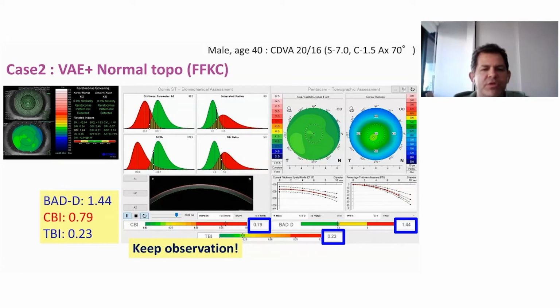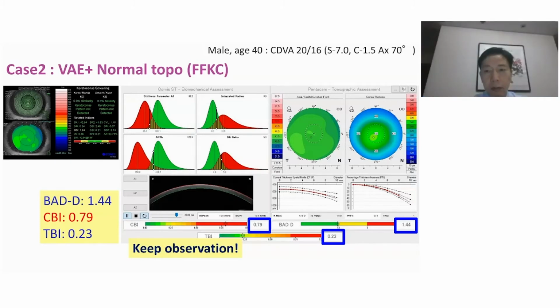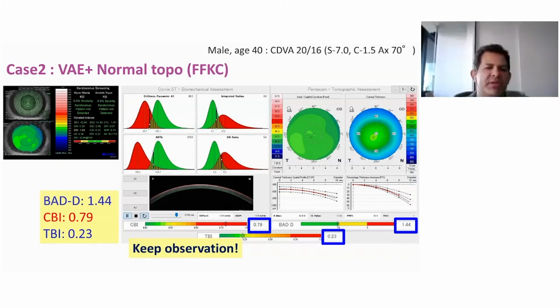This is a picture of a patient that does need observation, but at 40 years old, I think the patient will be fine. You start from a weak cornea that the CBI demonstrates, but the patient did not rub this eye very much, and then the abnormality is in the low range.